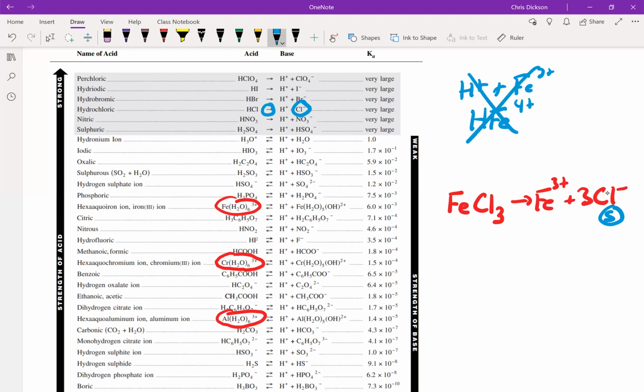I could see why a lot of students would think this must also be a spectator ion, because how could iron 3+ act as an acid? The reason it can is that this compound here is actually the iron 3 ion. It's kind of hard to draw, but it is an iron ion surrounded by 6 water molecules.